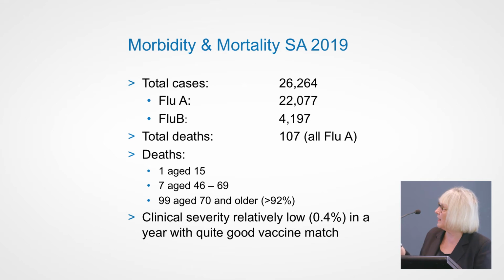There's 7 aged up to 69 and 99 over 70, so 92% of the deaths were in older people, which is kind of what we expect. The clinical severity, though, was relatively low at 0.4%, and it was a year that we had quite a good vaccine match, so that may have helped to keep the mortality rate low.